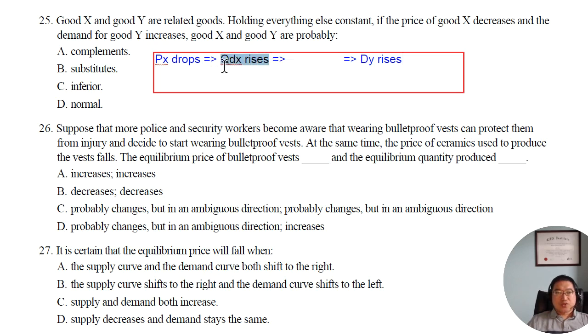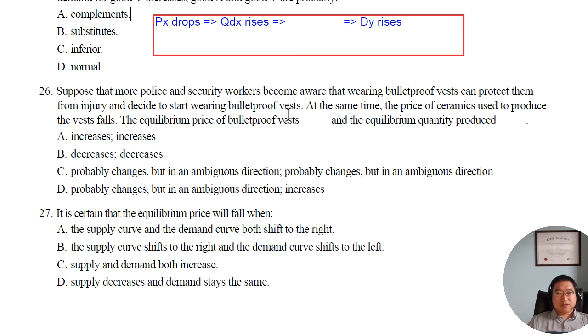So we consume more good x and we want more good y. We probably consume them together. When two goods are consumed together, what are they called? That's question 25.